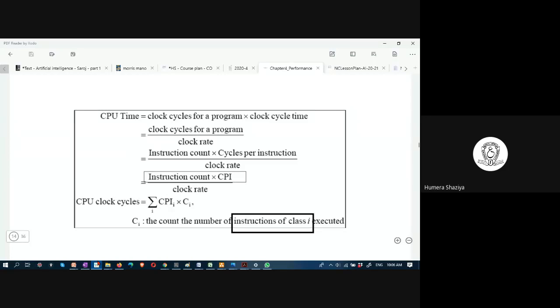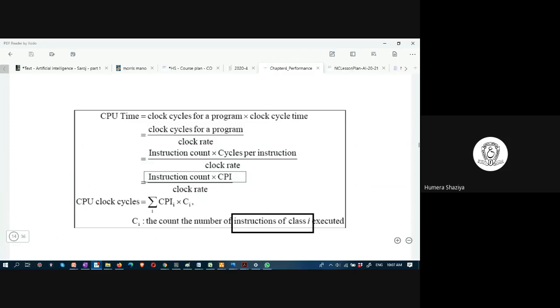Clock cycle time means, you see, we learned when we studied RISC, CISC that a CPU would execute instructions in clock cycles, and then clock cycles would be expressed as kilohertz, megahertz, gigahertz.